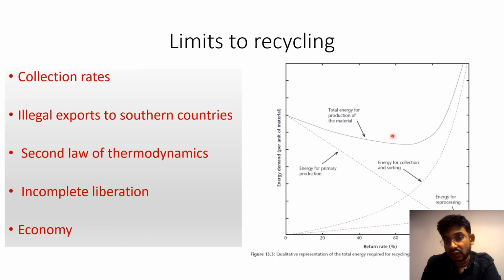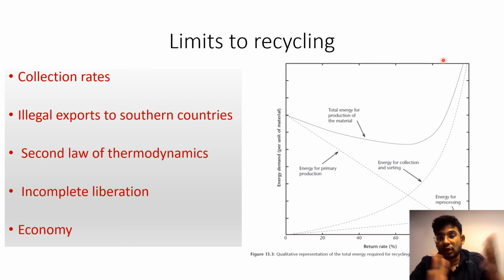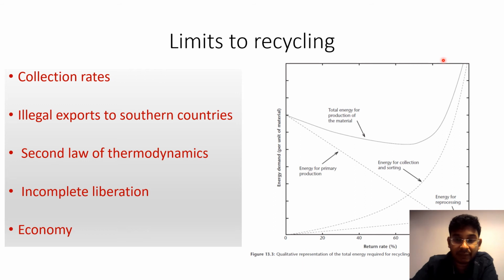And of course, with total energy, if you plot it, it goes somewhere around like this. So it has some association with the second law of thermodynamics. We want to get more recycled content, but it is associated with so many other issues. Because I talked about residence time, right?